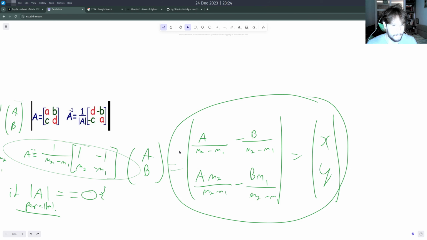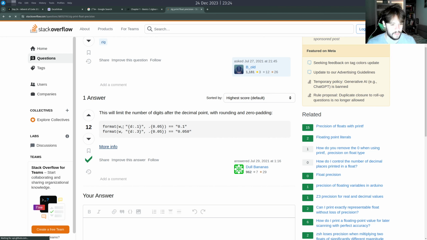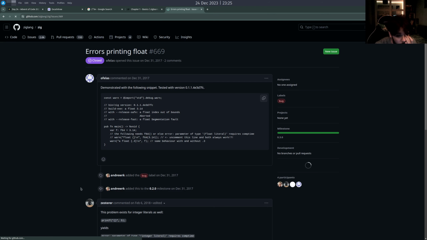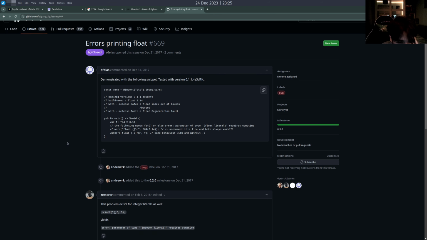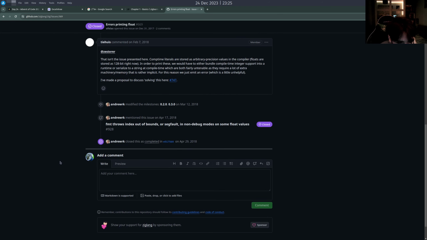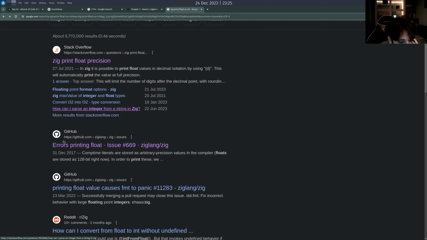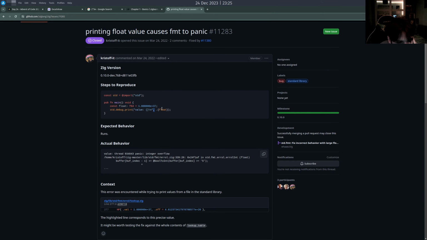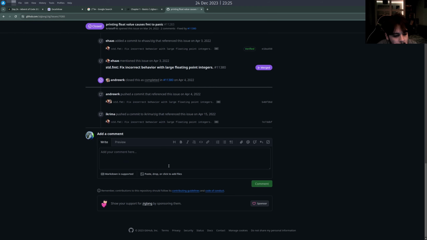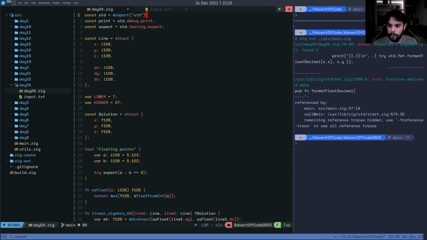Wait, what was that? Stack Overflow answer and formats. Error printing float. Okay, how do I print a float? Hold on one sec.